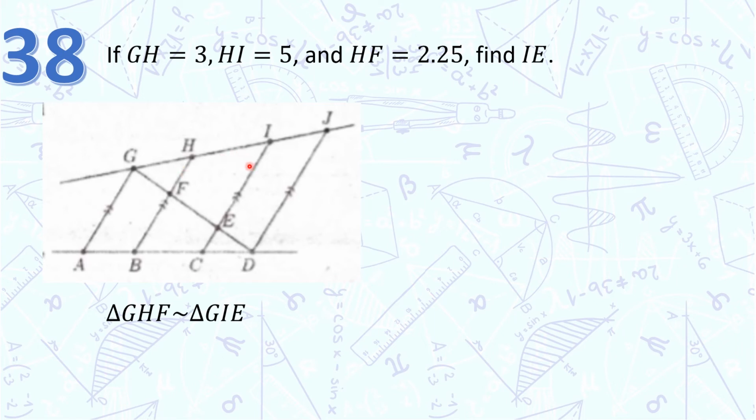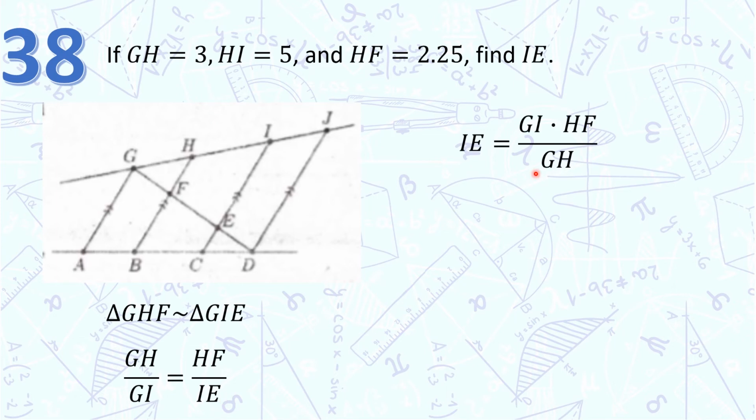Therefore, by the AA similarity theorem, triangle GHF is similar to triangle GIE. And from that similarity, we can form the proportion GH over GI is equal to HF over IE.